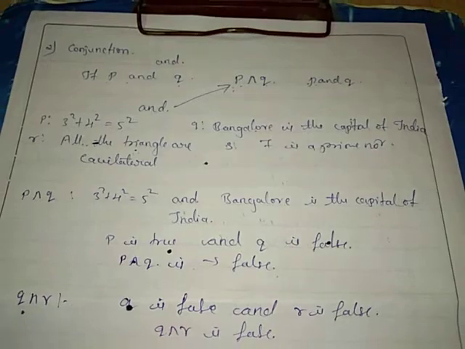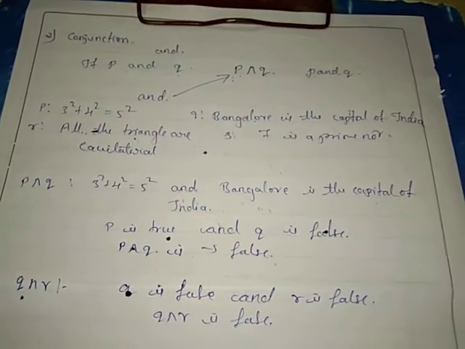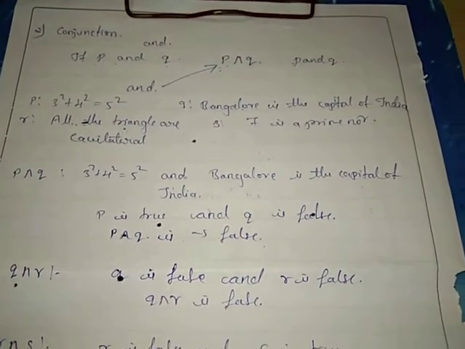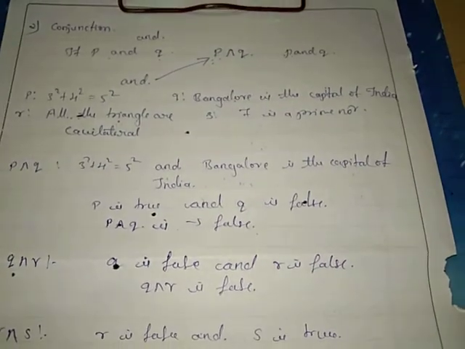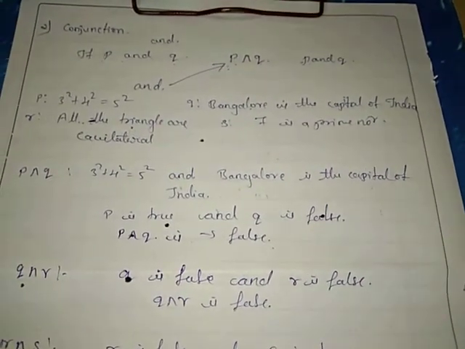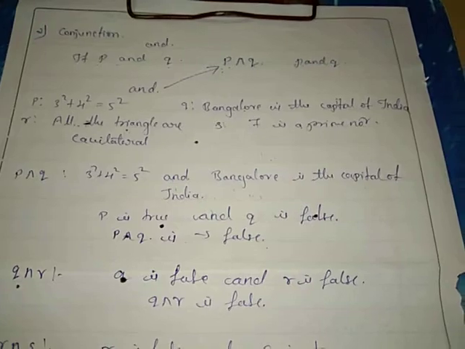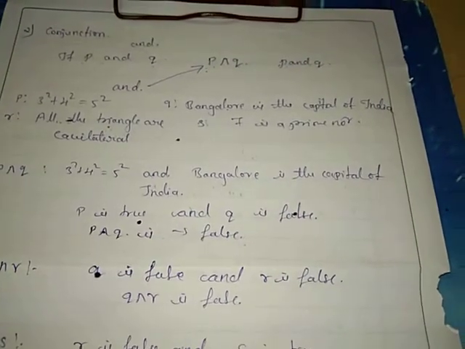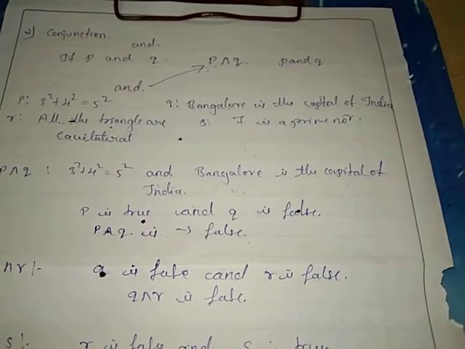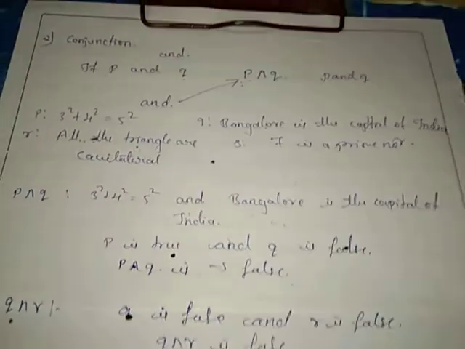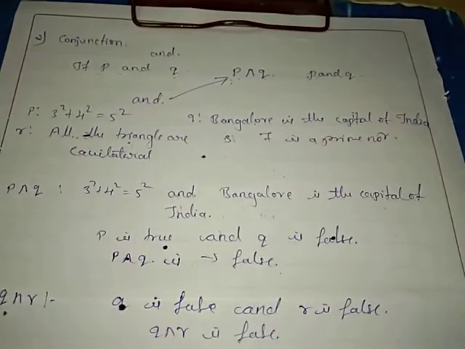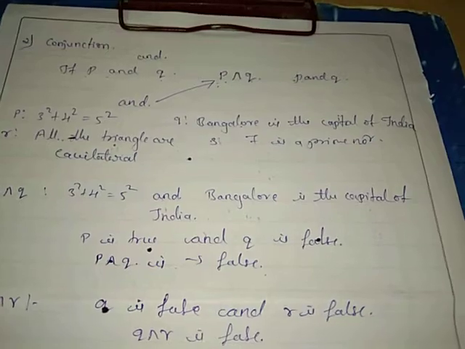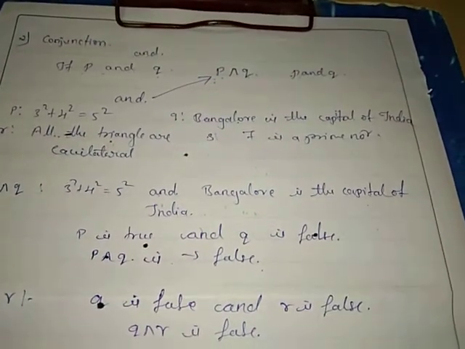Conjunction means if P and Q are two propositions and we combine the propositions by the word "and". For example, if P is 3 square plus 4 square equal to 5 square and the statement Q is Bangalore is the capital of India, then we can construct "3 square plus 4 square equal to 5 square and Bangalore is the capital of India".